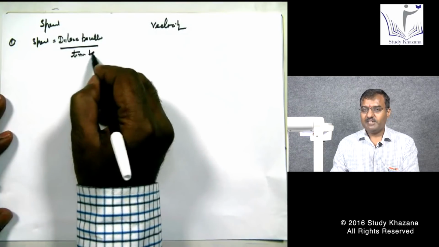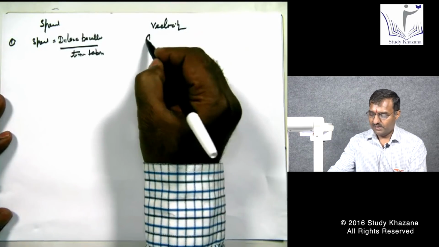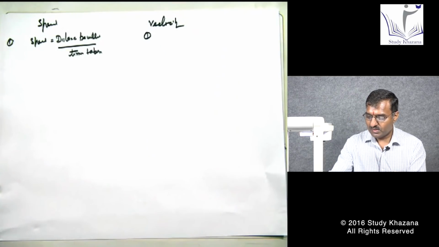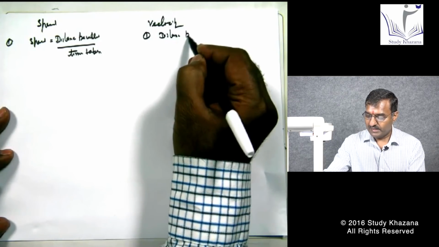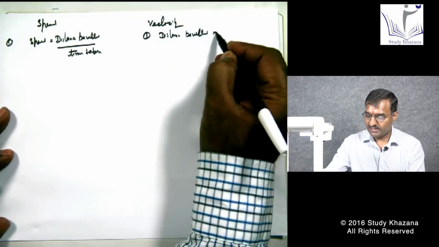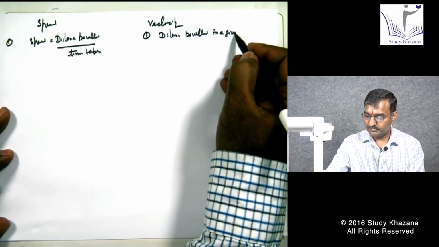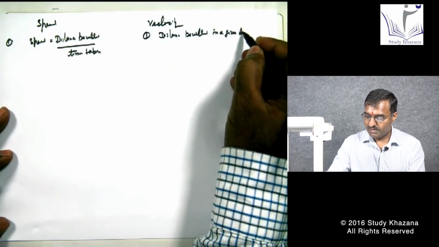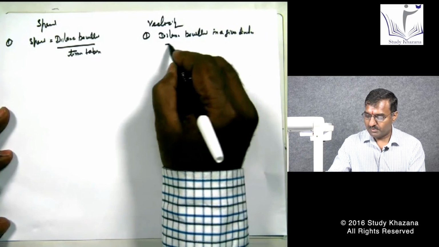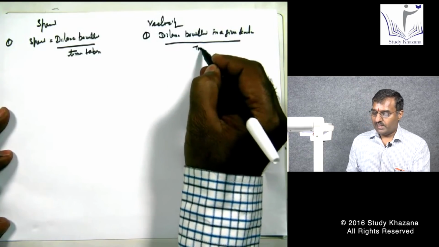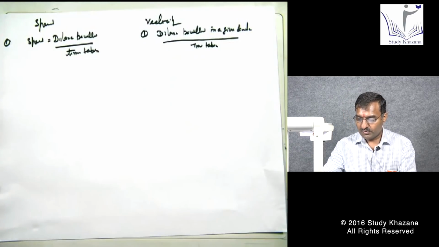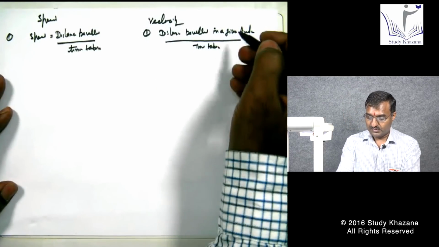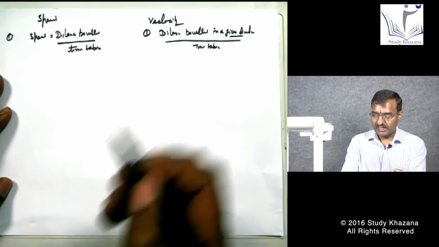But when we define velocity, it is the distance traveled in a given direction divided by the time taken. So in case of velocity, we are defining distance traveled with the direction. Here we are not considering the direction.